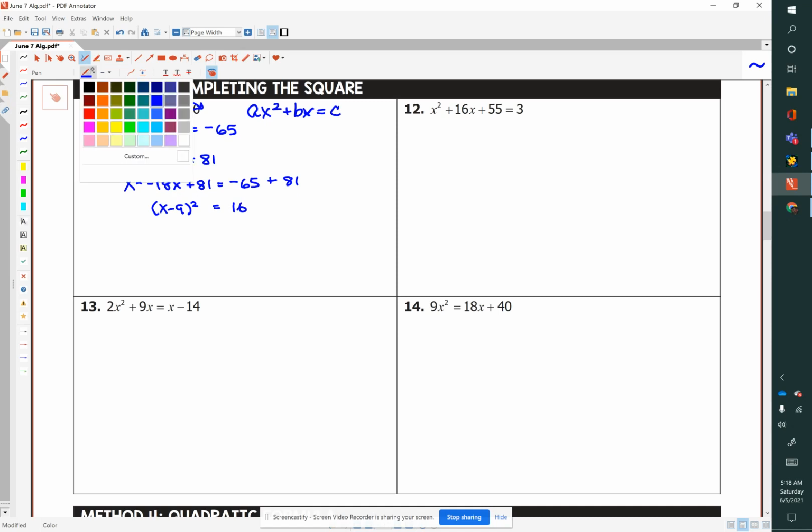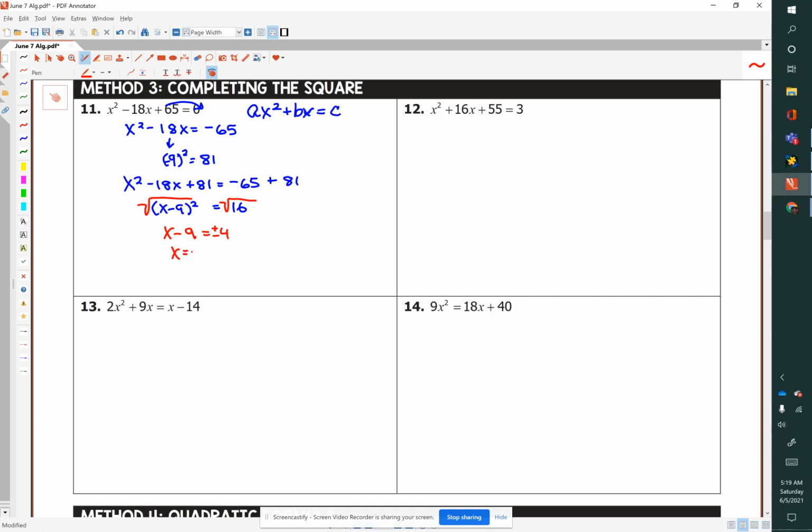So now we're going to take the square root of both sides. So x minus 9 squared, the square root of that is x minus 9. The square root of 16 is 4. And when we solve for x, and remember, this is the plus or minus 4.